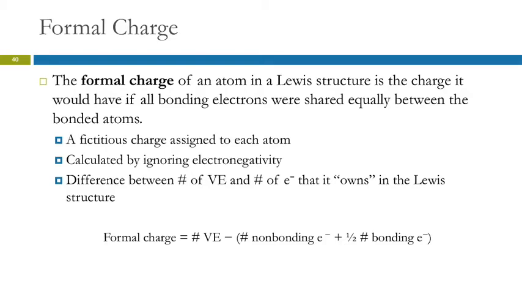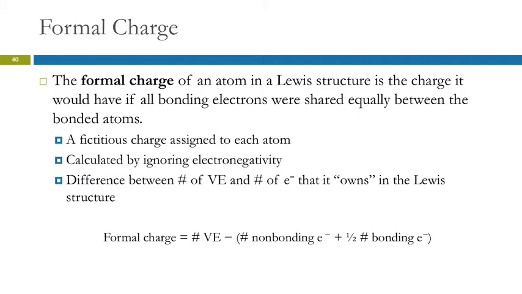The way the book explains this, if it works for you, great. They say that the formal charge is equal to the number of valence electrons that the atom has by itself, and then you subtract the number of non-bonding electrons, the lone pairs, and half of the bonding electrons. So that's all fine, and that actually works.